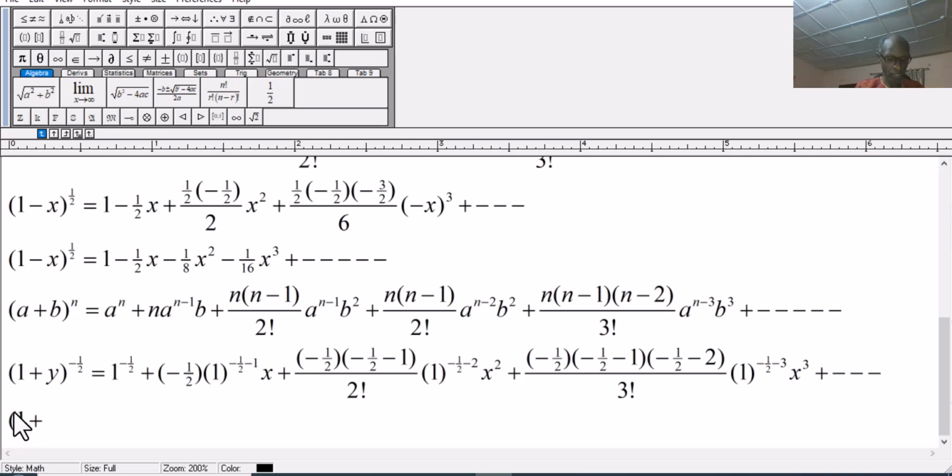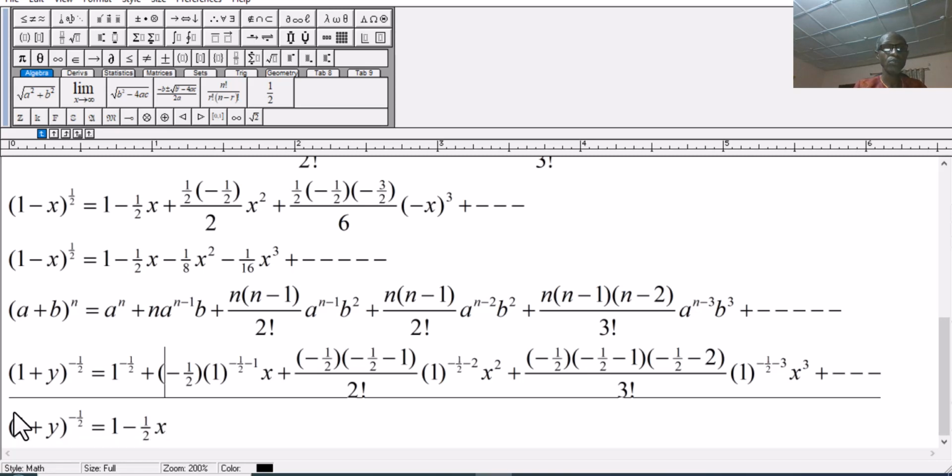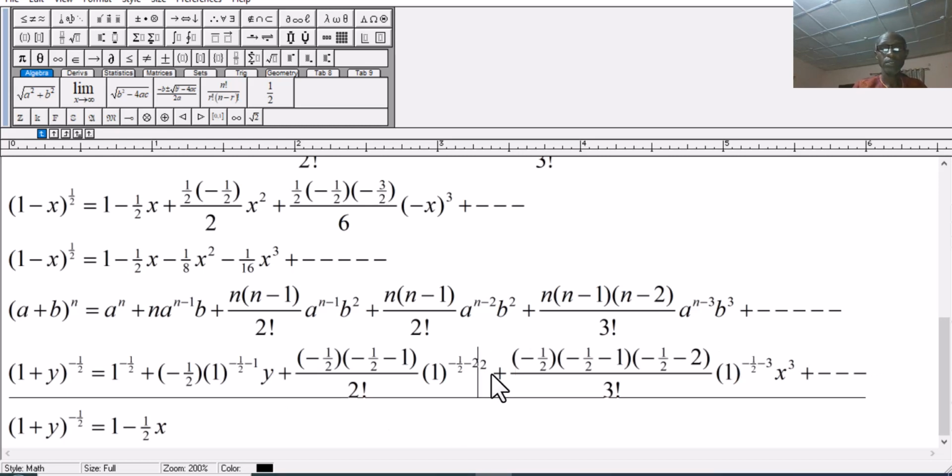1 plus y raised to the power of, so this is 1. So we have minus 1 over 2. This is y. Everything here is y. I was using x, change it back to y.